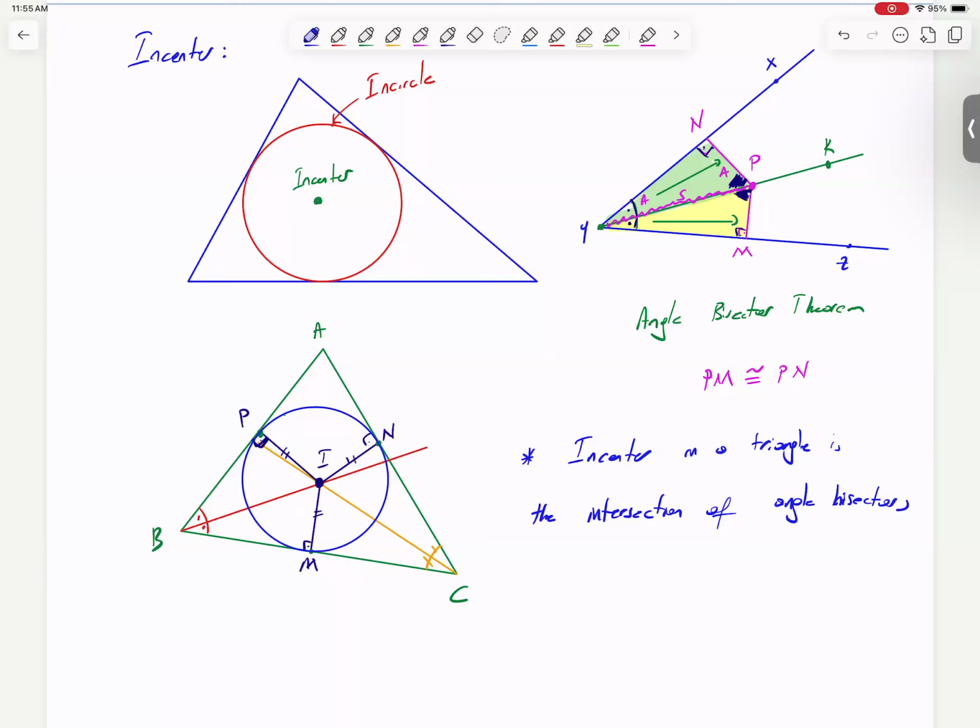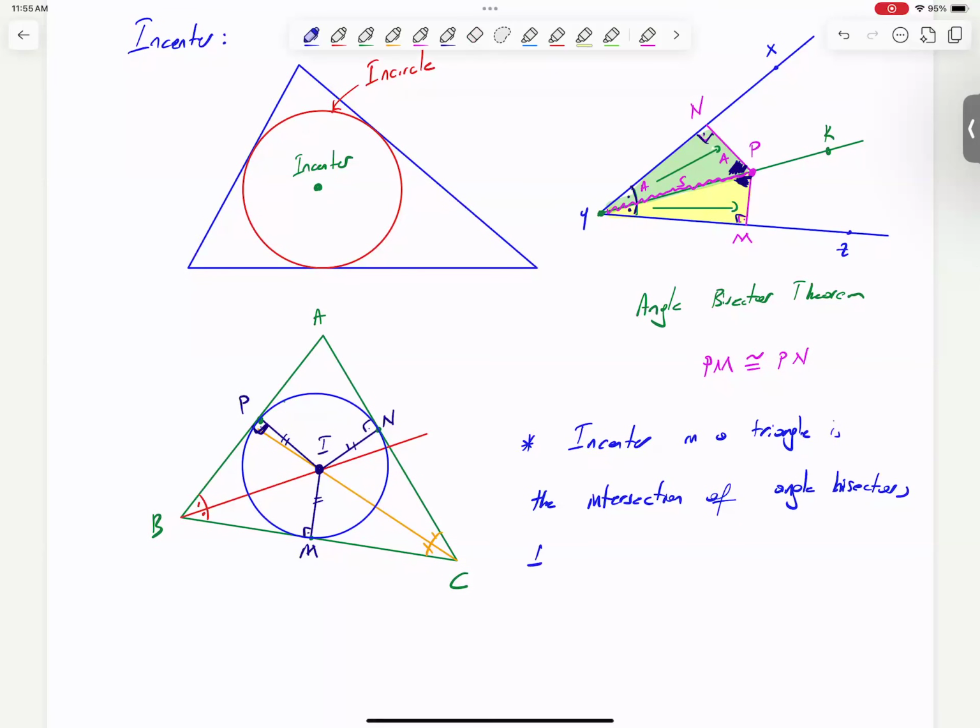And this point is equidistant to each side of the triangle. The incenter is equidistant to the sides of the triangle.